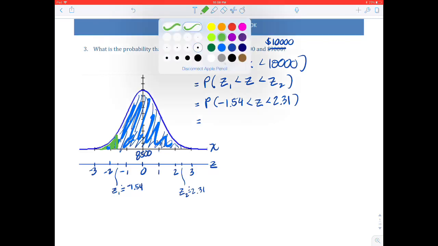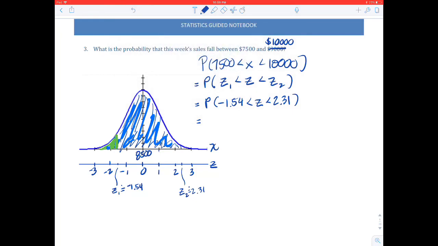So this will be equivalent to the probability that z is less than 2.31 minus the probability that z is less than negative 1.54. Okay, so far? Good.